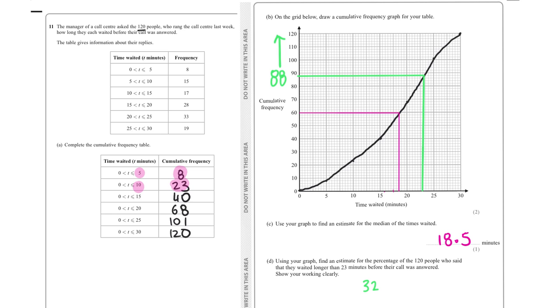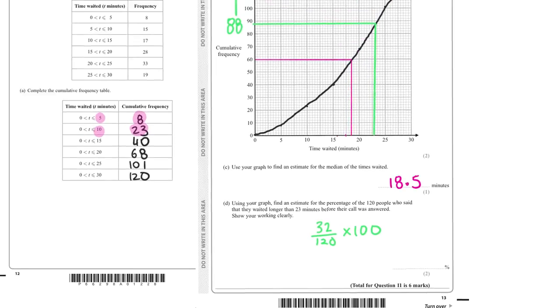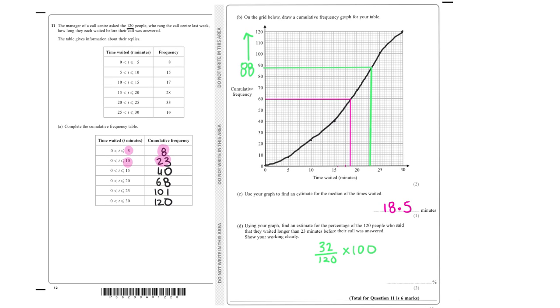32, what's the percentage? So 32 out of 120 times 100 is going to give me my percentage. So we're going to have, okay, 26.67.